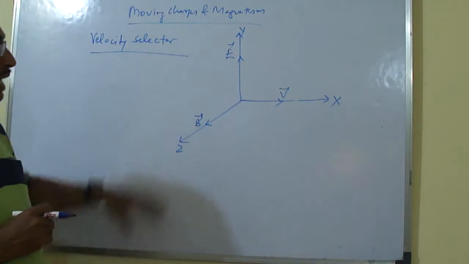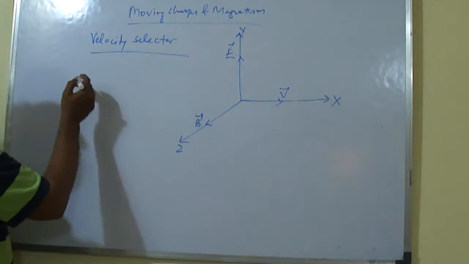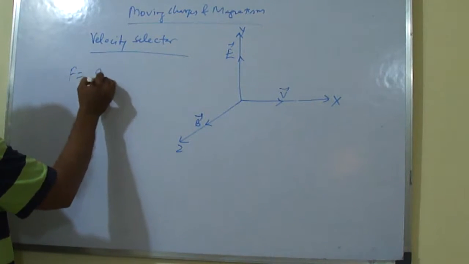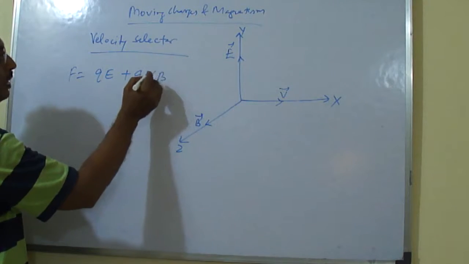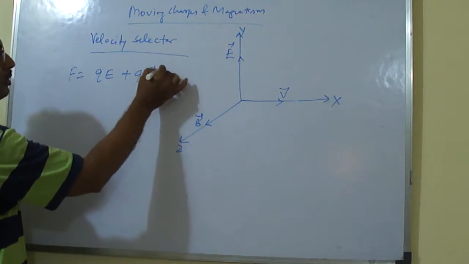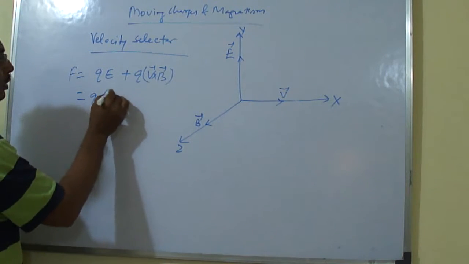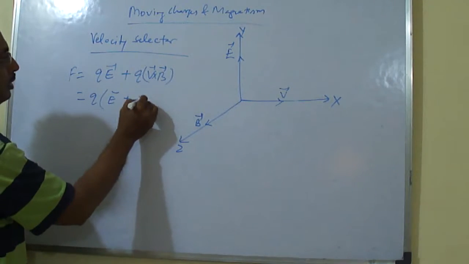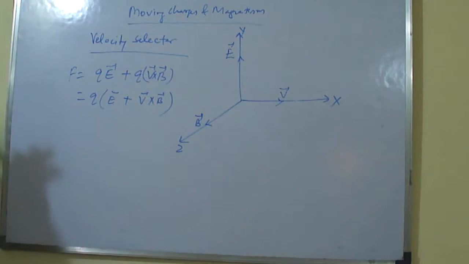Okay, so in that case, what will be there? The total force F is equal to QE plus QVB. Correct? Yes, sir. So QE vector plus V vector cross B vector. Right.